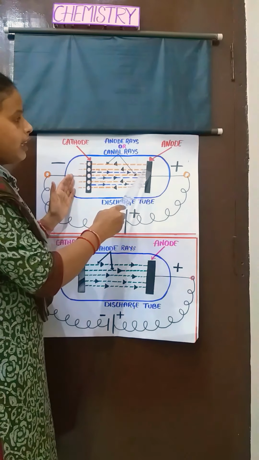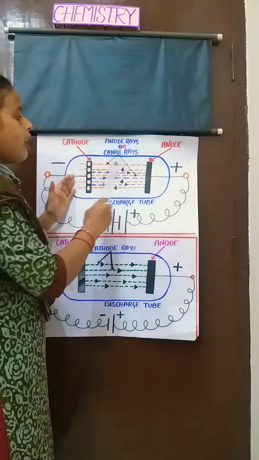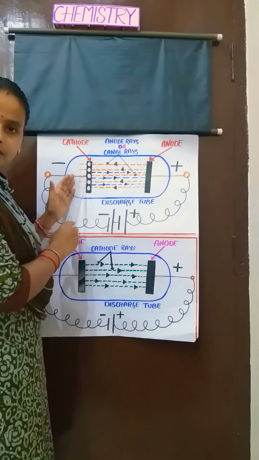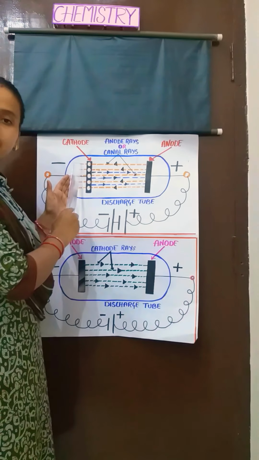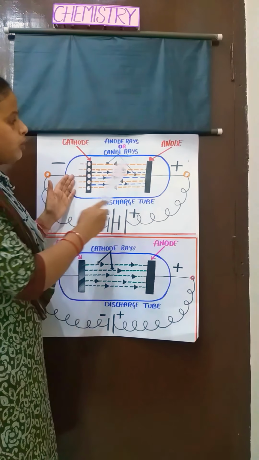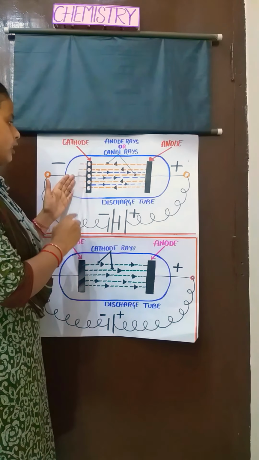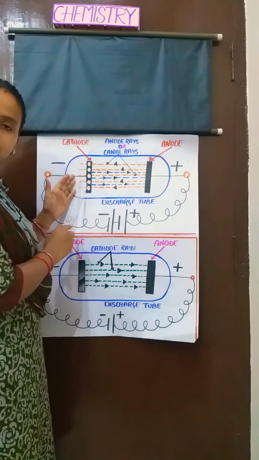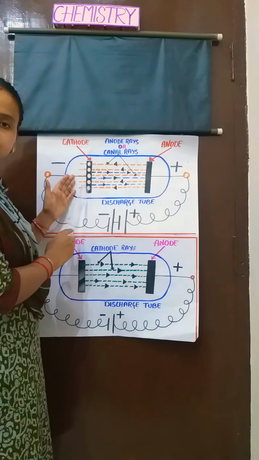From there it was concluded that these rays are positively charged, because we know that positive charge attracts negative charge. So these rays are positively charged and they are attracted by the negatively charged cathode.